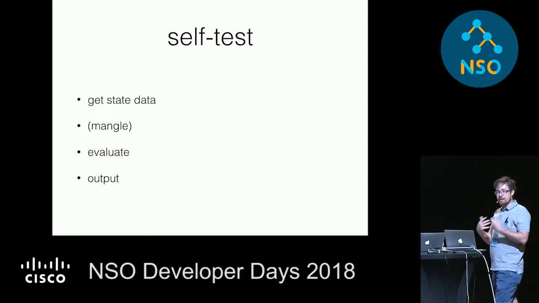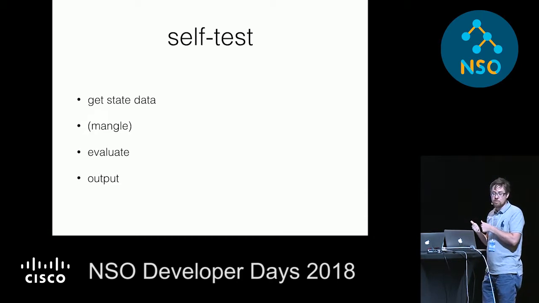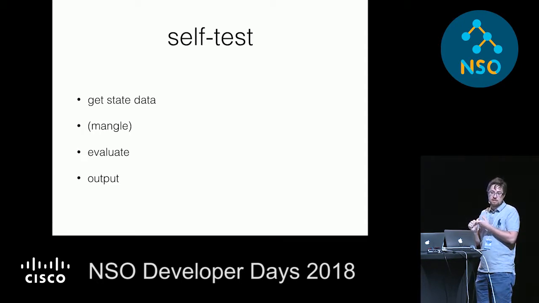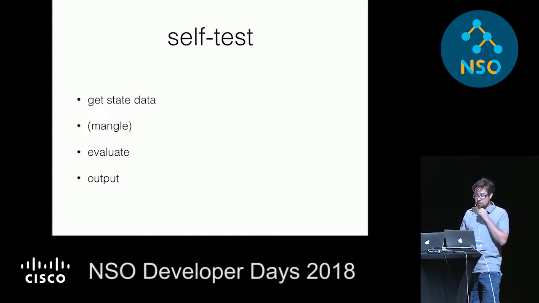After that, we evaluate that data. In the case of what I just showed you, the backbone interface self-test, that means we check: do we have an ISIS adjacency? Yes. Do we have exactly one? Yes. Is it the correct one? I mean, it should match up with some name. And then you do output. You write the output somewhere.